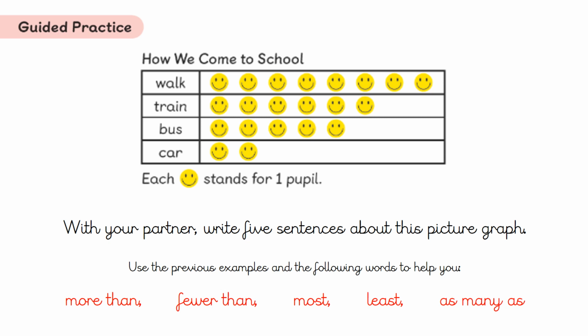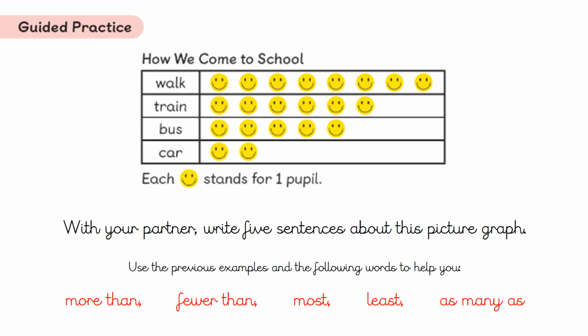You can scroll back to look at the other examples to help you, and I've given you a list of words that will help that I'd like you to include in your sentences. More than, fewer than, most, least, as many as. You might not be able to use all of them, so think carefully.